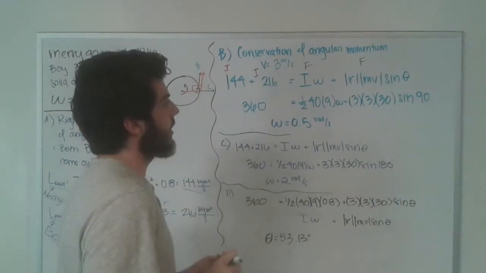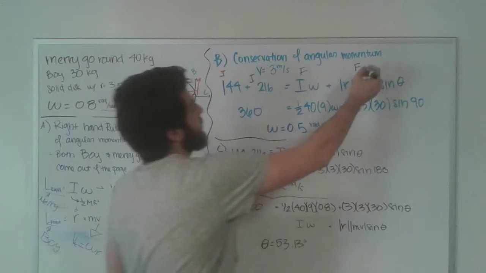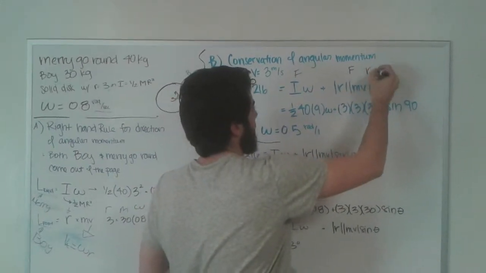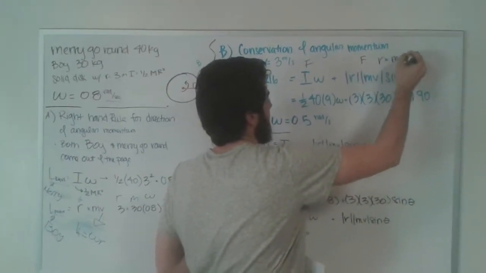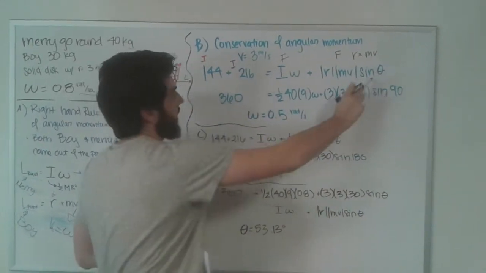Normally our angular momentum for a point would be R cross mv, but we're using this equation because we have to factor in the angle.